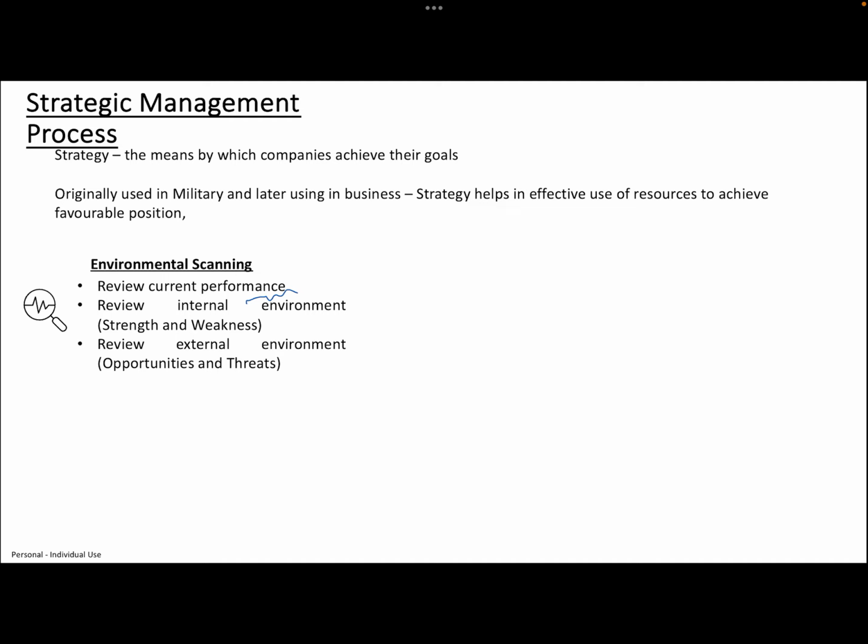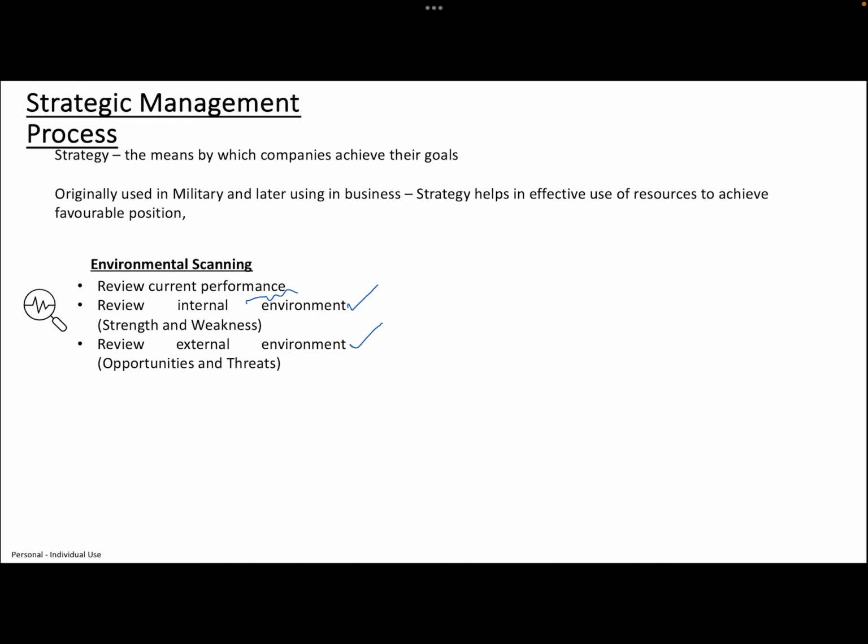How can we evaluate current performance? The first one is internal environment assessment, and the second one is external environment assessment. Review of the internal environment and then review of the external environment.